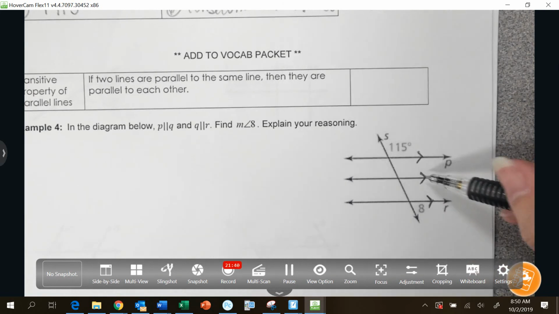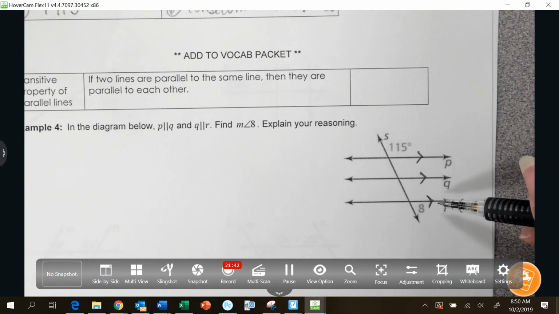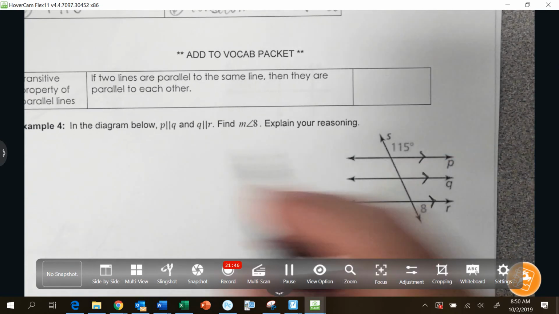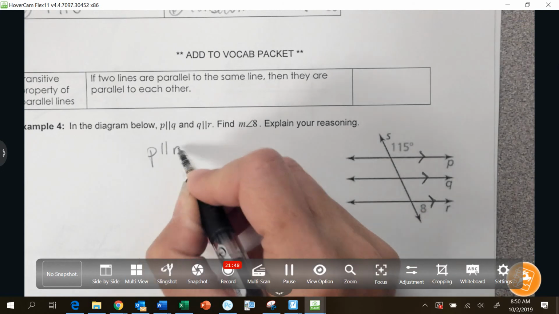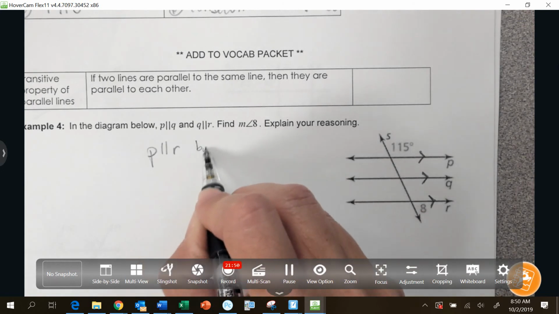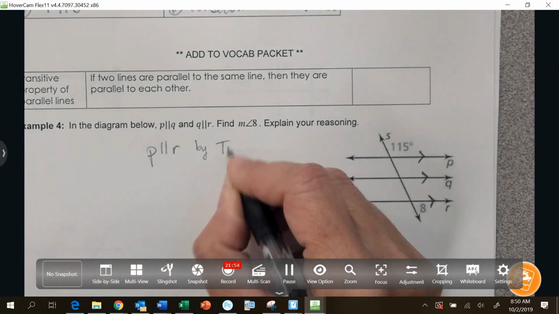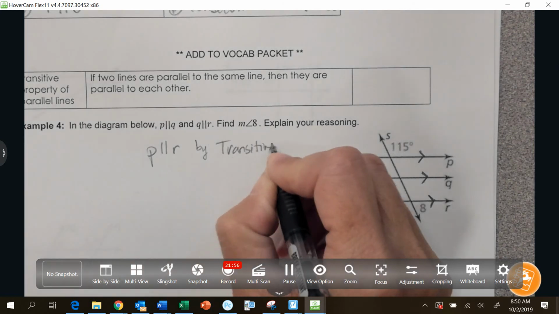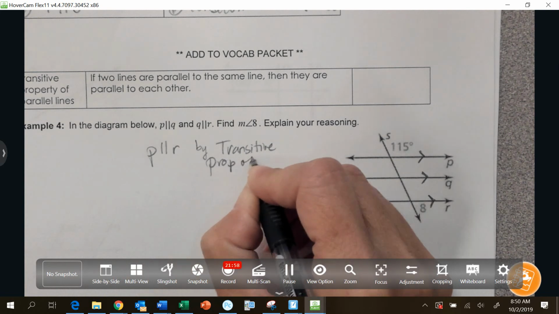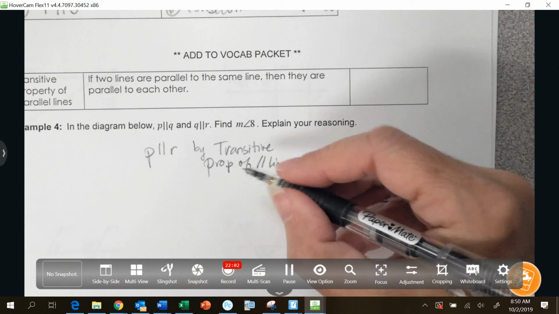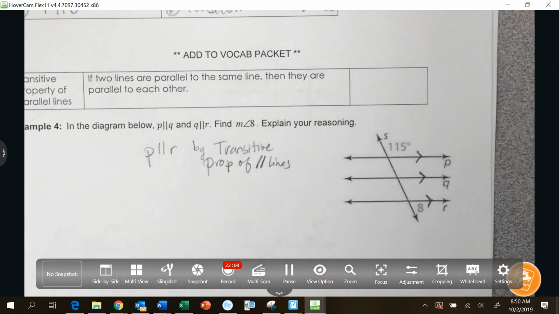So if they all have the same marking, I can say that P and R are also parallel, right? P is parallel to R. That's by the transitive property of parallel lines. Transitive property of, that looks weird, but I was trying to draw parallel lines.